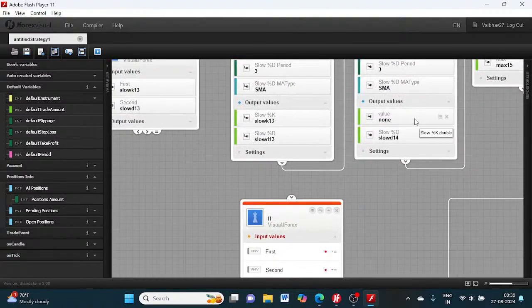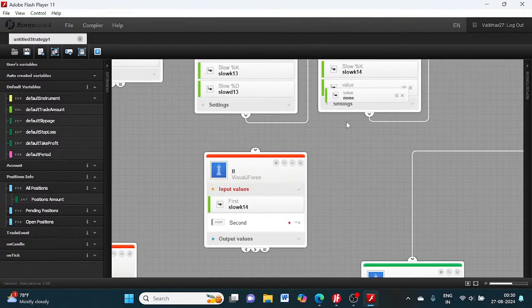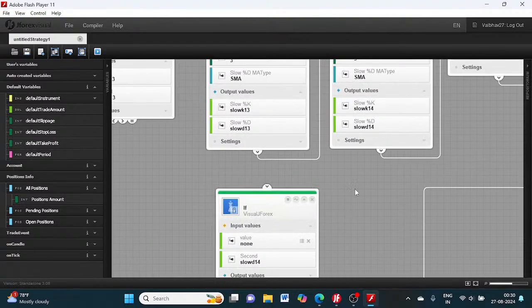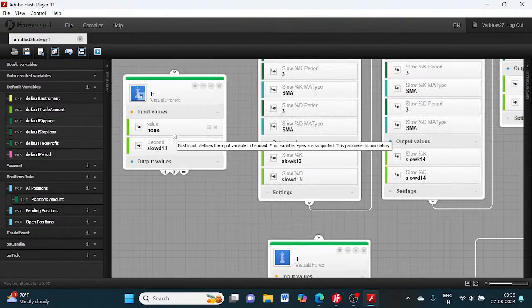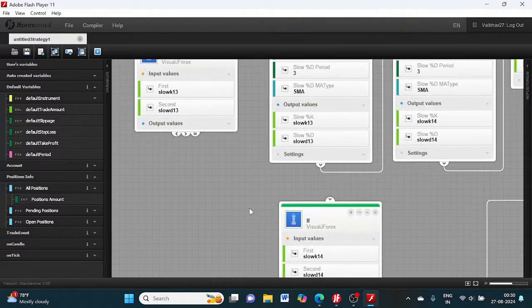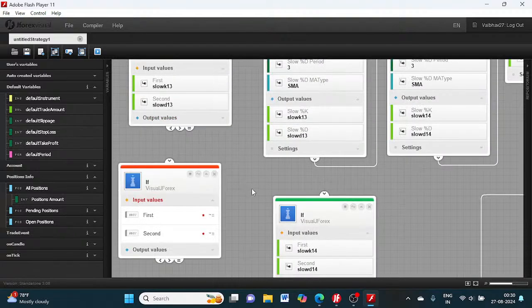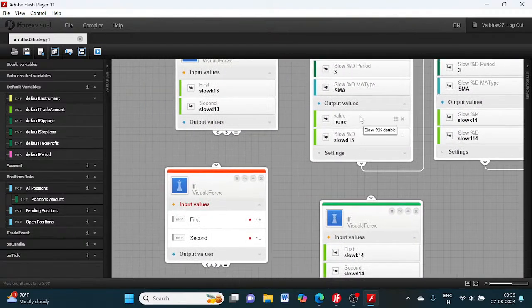Okay, so we have this defining of conditions. In the prior period, the slow K should be below slow D, and in the current period, slow K should be above slow D. Then we also need to define the condition that the output values of slow K and slow D need to be below 20.